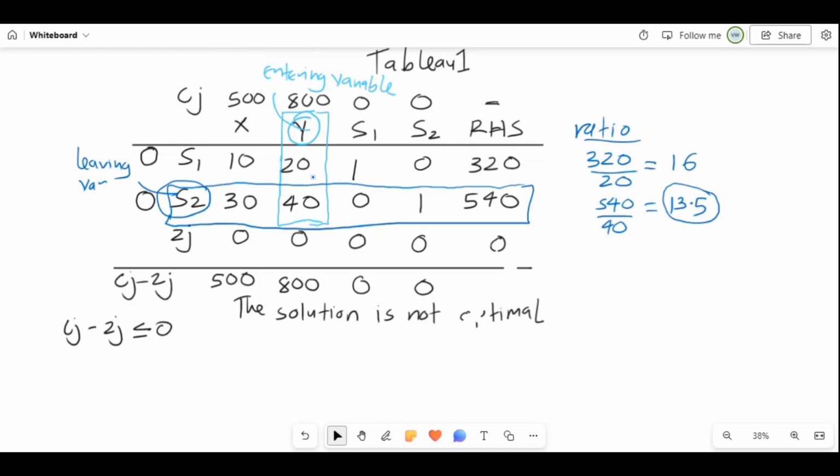So the idea of having zeros and ones is that it's just meant for easy operations, because whatever we are doing is the equivalent of sensitivity analysis. In this case, it's like we are saying we are doing sensitivity analysis on our second constraint, which is S2.